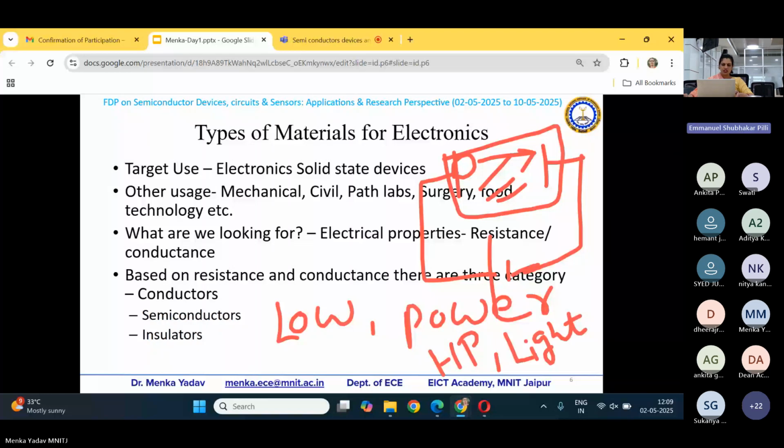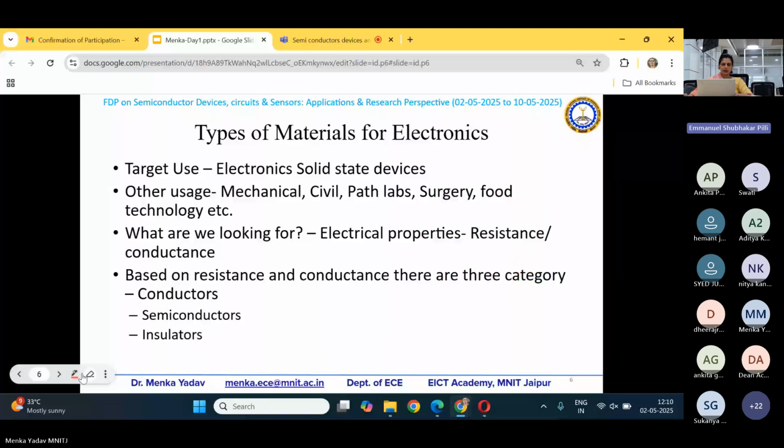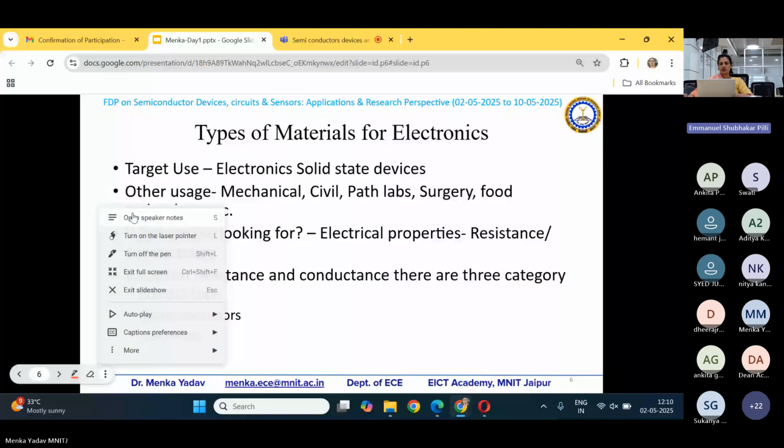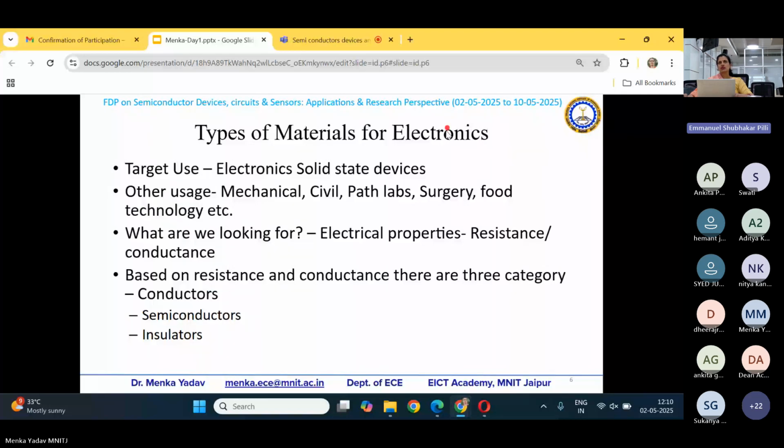Now let us proceed to the types of materials. Types of materials depend on the uses. For example, in mechanical, you will be talking about fatigue, fracture, tensile strength, yield strength, elongation.